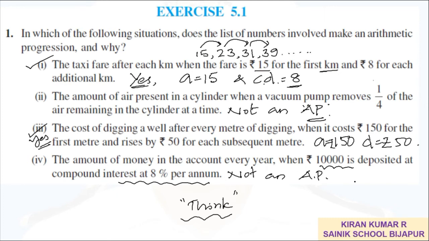Here the first term you may consider as rupees 10,000, but you cannot find the common difference. You find it out, then you will really understand why it is not an AP. The reason behind it is you will not get the common difference.